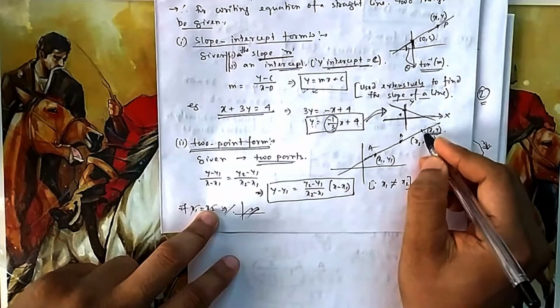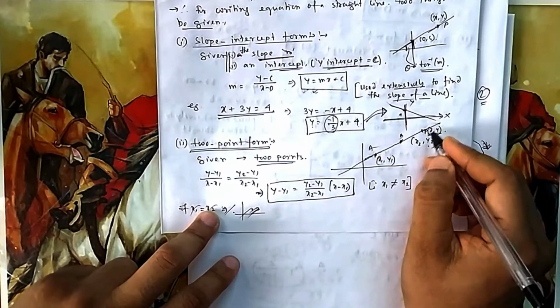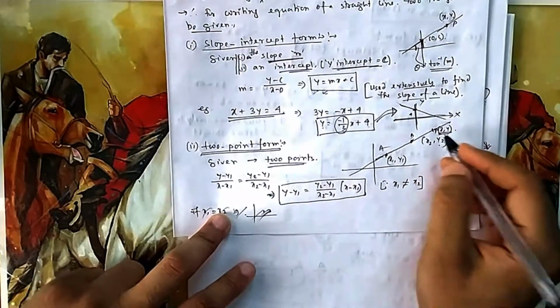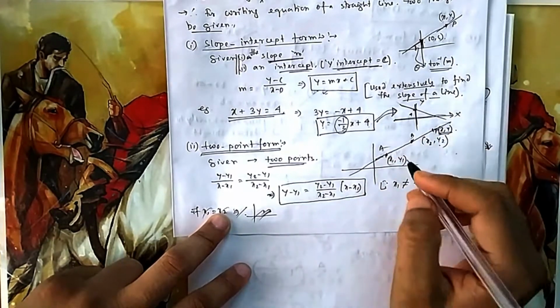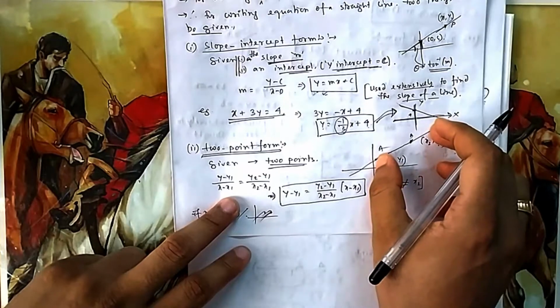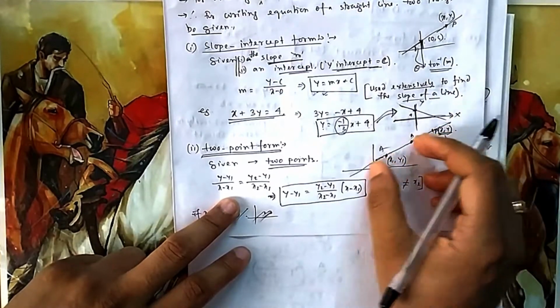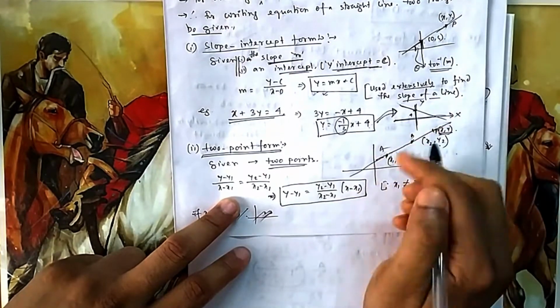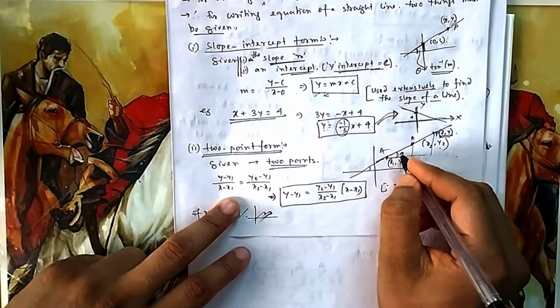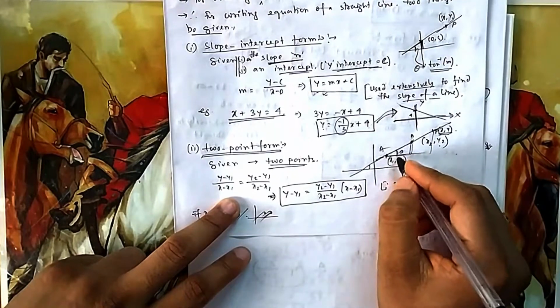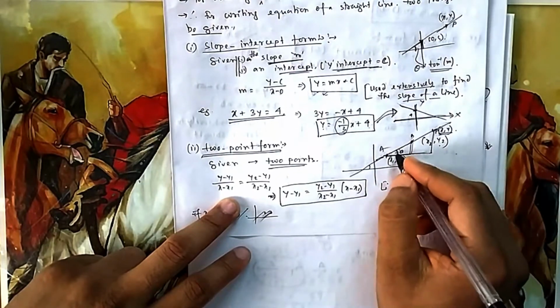So the point we have considered is x, y. If my xy satisfies this, then everything will satisfy. If xy is on this line, or it should go through this line, then the slope of these 2 should be equal to the slope of these 2, because it is the same line. Whatever theta you get here, the same theta you should get from here also. From this triangle and that triangle, both have the same theta.